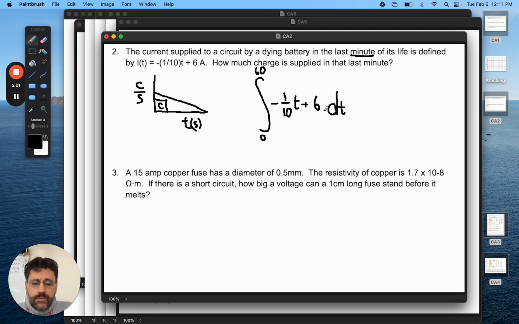If you integrate it correctly, you're going to get -1/20 t squared plus 6t, and then you're going to evaluate that from 0 to 60.